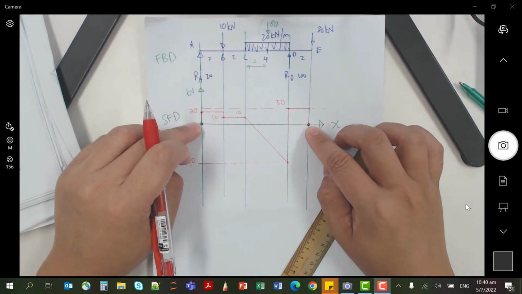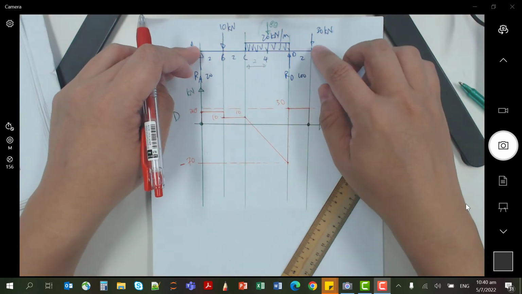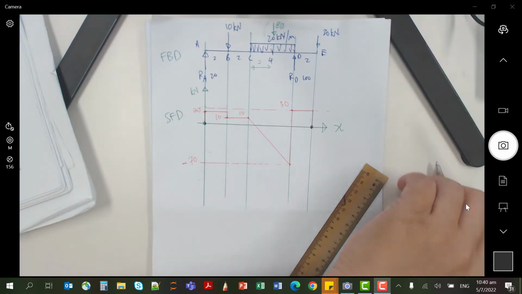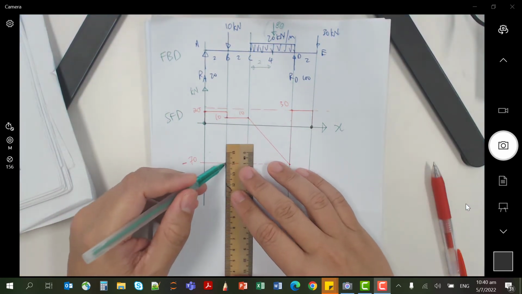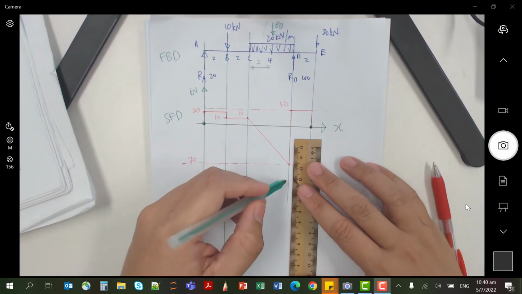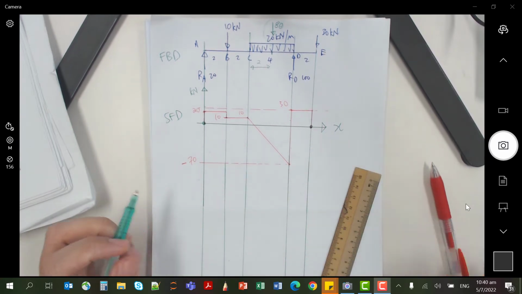This is only true if your beam is simply supported end or free end. So we have cleared one shear force diagram. I'm just drawing the line further down to draw the bending moment diagram.